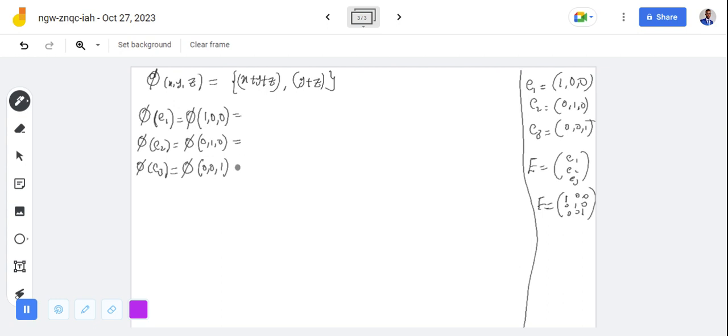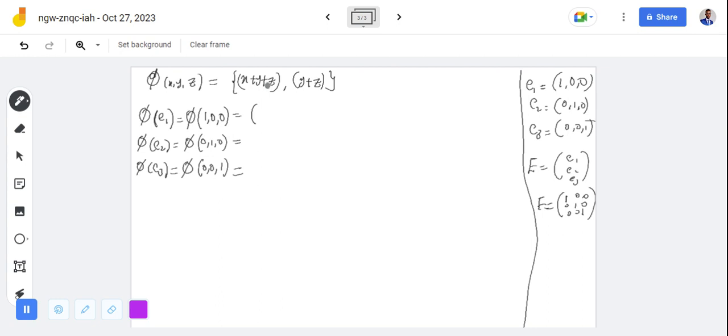So what will this give us? This is a linear mapping. So you map x to 1, y is 0, z is 0. What will you get in that case? This is the definition here. If x is 1, y is 0, z is 0, substitute in this first result here, what will you get?